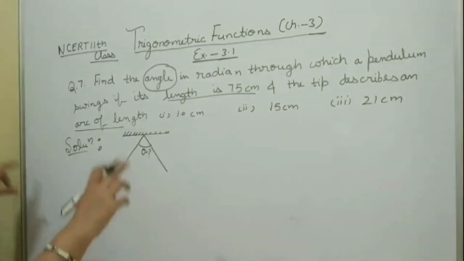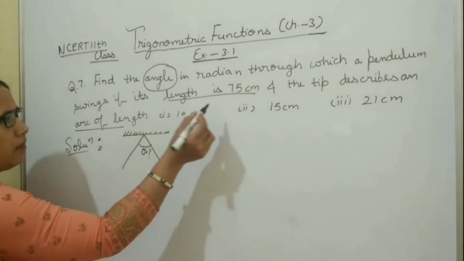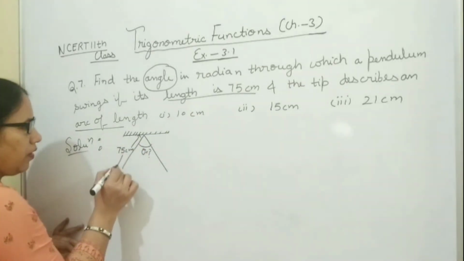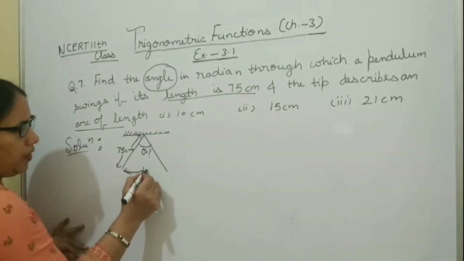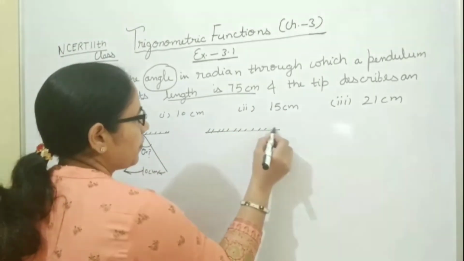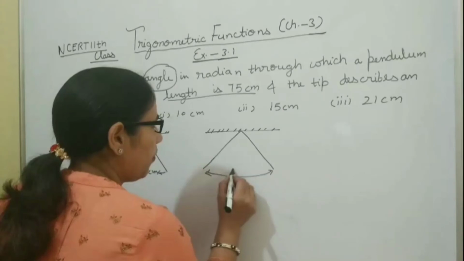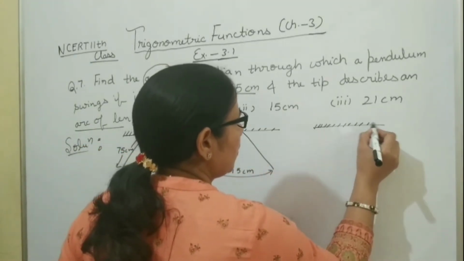The tip describes an arc of length 10 centimeter, and the pendulum's length is given as 75 centimeter. In the first part the arc is given as 10 centimeter, then again in the second part it is given as 15 centimeter, and in the third part it is given as 21 centimeter.